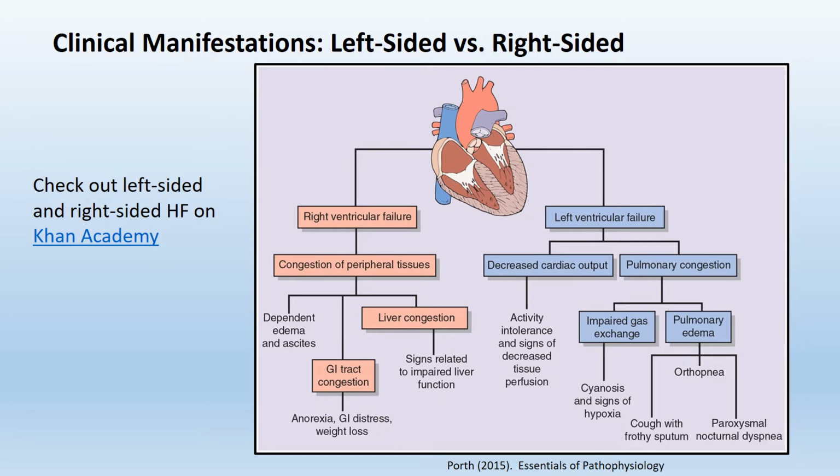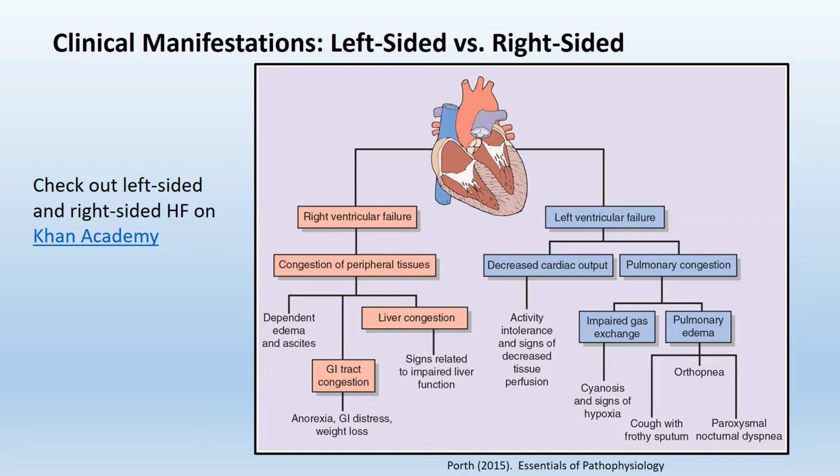Paroxysmal nocturnal dyspnea is when they become short of breath suddenly at night, and that could be due to the increased amount of fluid that is circulating when they're in a recumbent position. And also, they can experience cough with frothy sputum, and that occurs in pulmonary edema, and we're going to look closer at that on the next slide.